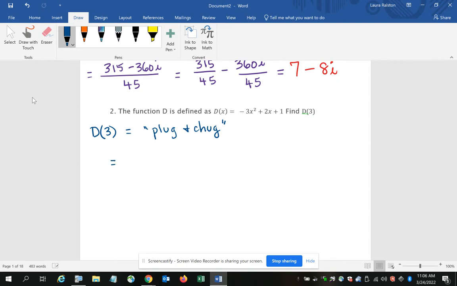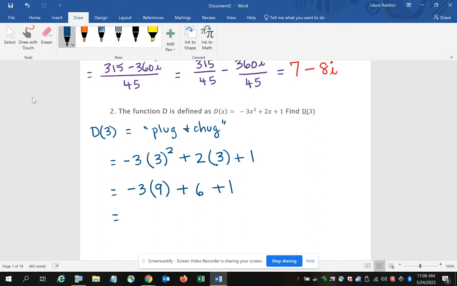So if I do that, I would have negative 3 times 3 squared plus 2 times 3 plus 1. Now you can get your calculator, but I'm going to work it out here in my head. So negative 3 times 3 squared is negative 3 times 9. Make sure you follow order of operations. Plus 2 times 3 is 6 plus 1.